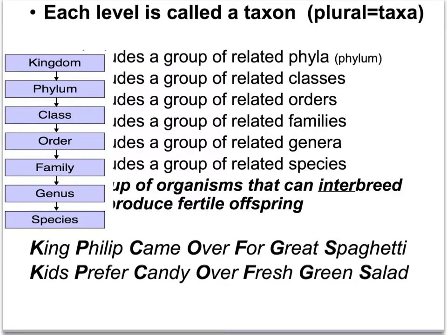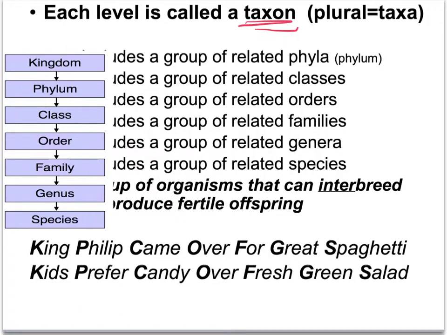Every level in taxonomy, okay, so each of these levels is called a taxon, and the plural is taxa. And when we're looking at these, we can see that a kingdom includes a group of related phyla.